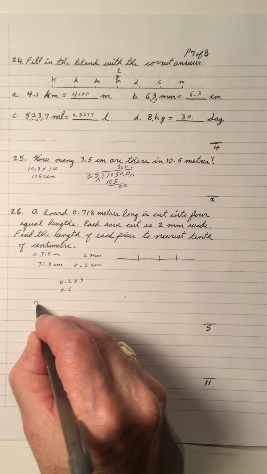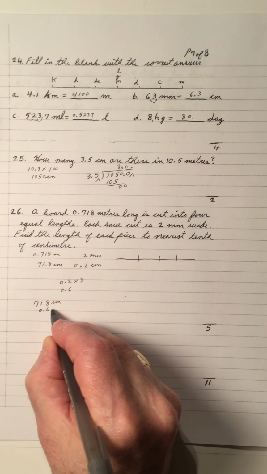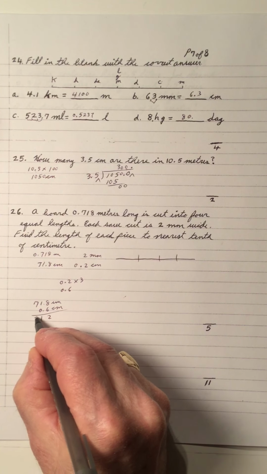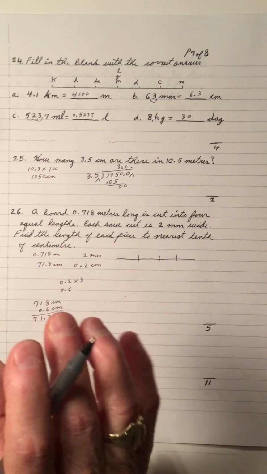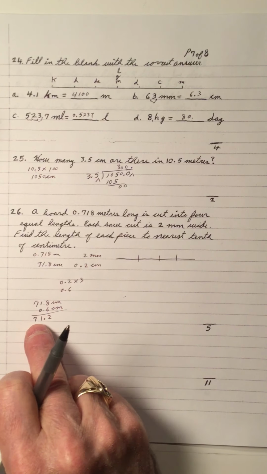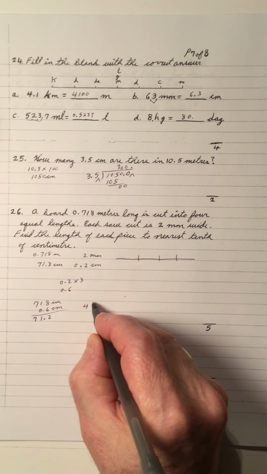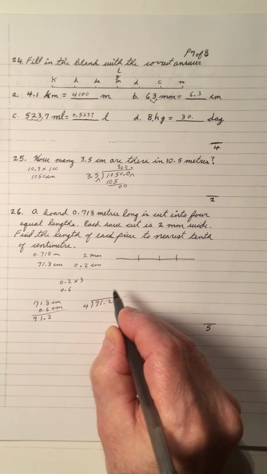So if we take the 71.8 centimeters and subtract the saw cuts, you get 71.2. So that means the board is going to be 71.2 amongst those 4. So if we take 4 and divide into 71.2, we get the length of each piece.